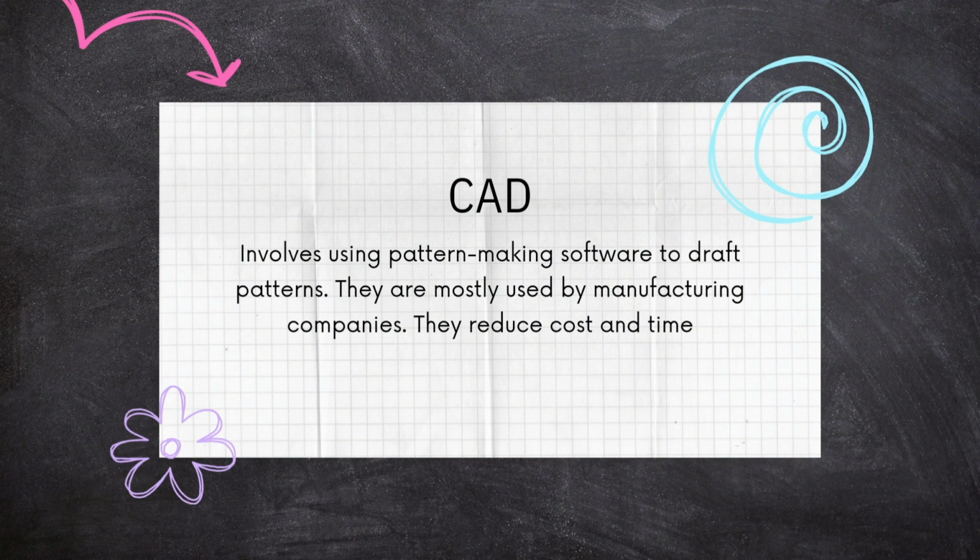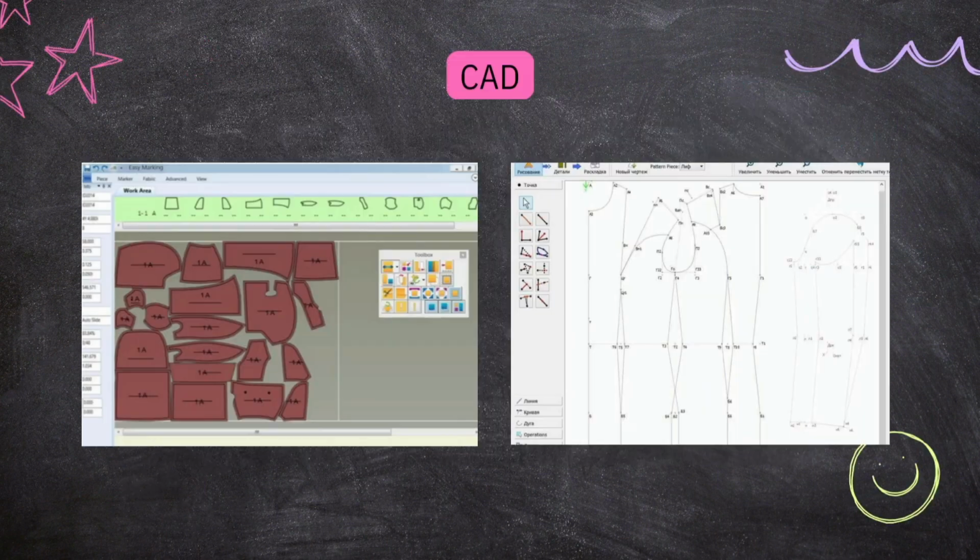They are not just for drafting. They are also for plotting. They have options for plotting and layout. That means they show you how best to arrange and organize your patterns to achieve minimum waste. You understand? So it shows you the layout, how to lay out your patterns on your fabric, the directions, grain and all that, and the best method to get optimum use.